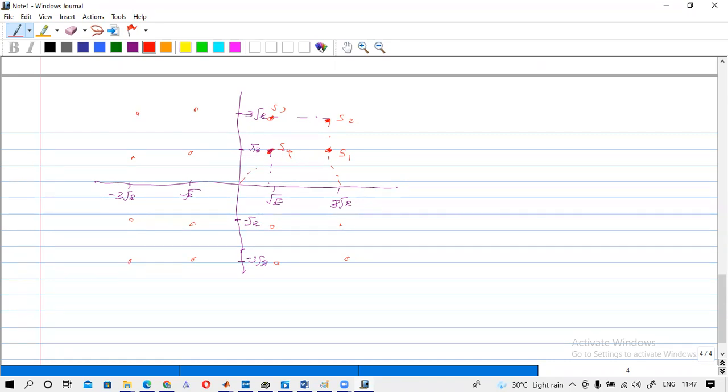So you can see that if you consider these symbols, this distance and this distance and this distance and this distance are the same, no? What is this distance actually? This distance will be the square root of root t squared plus root t squared, using the Pythagoras theorem.